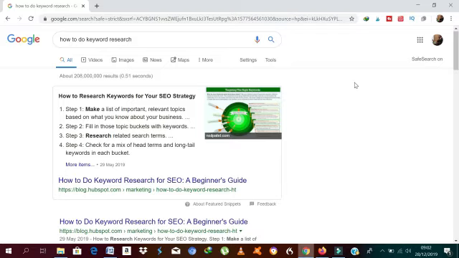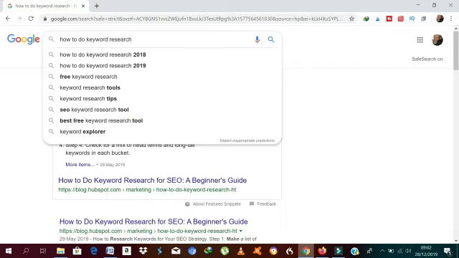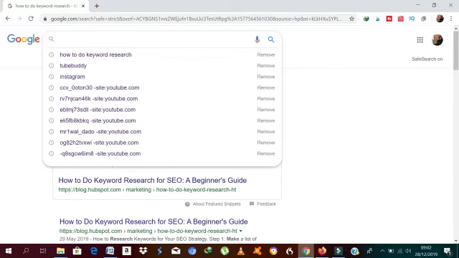So in order to see how competitive this term is, we have to move to another website owned by Neil Patel, who is an internet marketer. And this website is known as Ubersuggest. So we search for Ubersuggest.